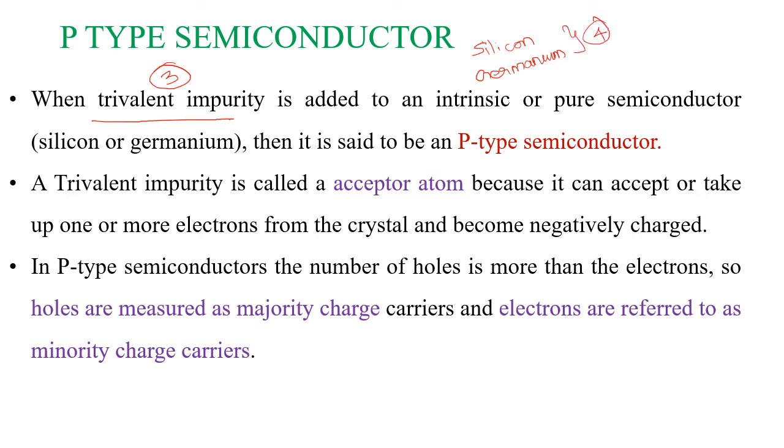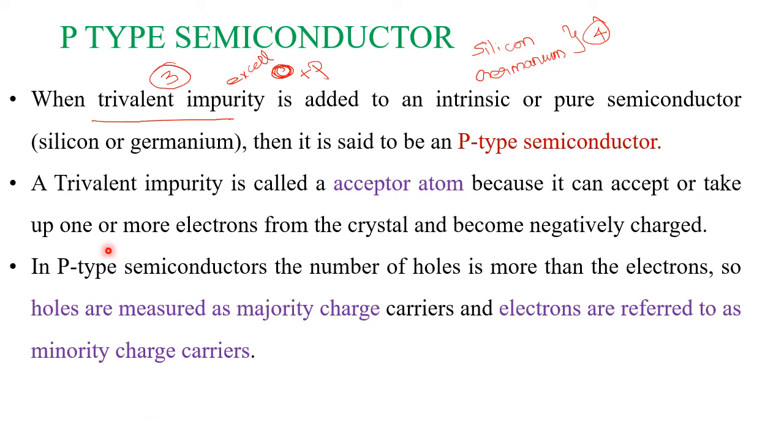So when you combine these, there may be an excess hole, as we discussed earlier. The excess hole is positively charged, and it is p-type. Therefore, it is called a p-type semiconductor.